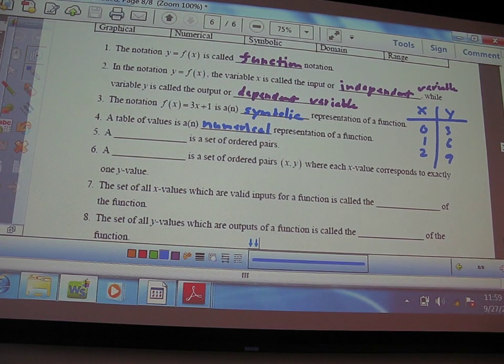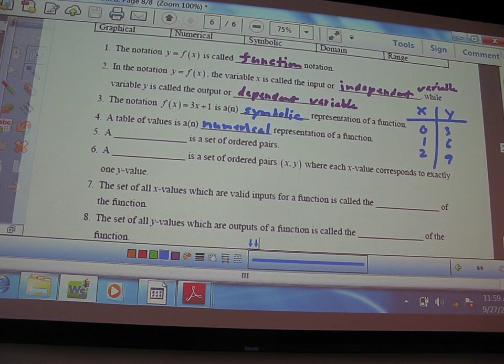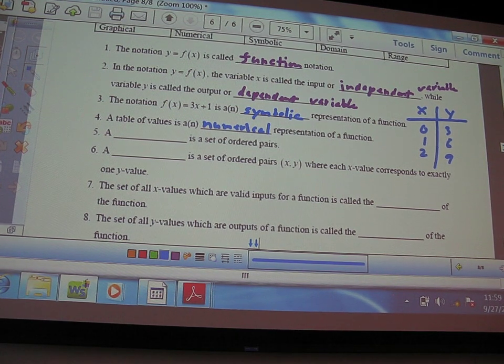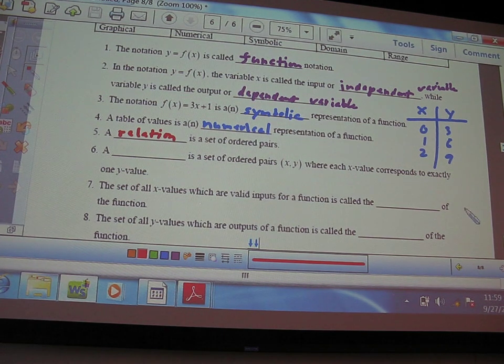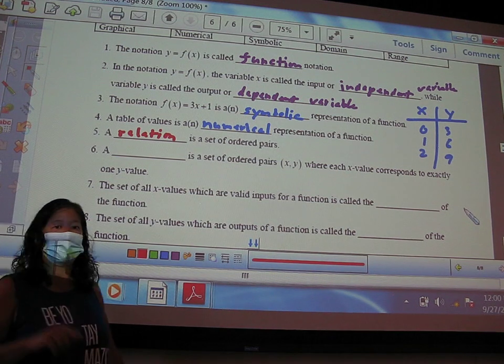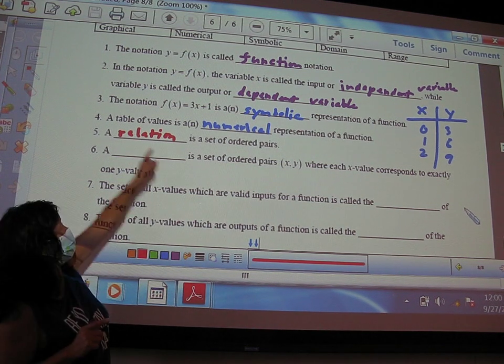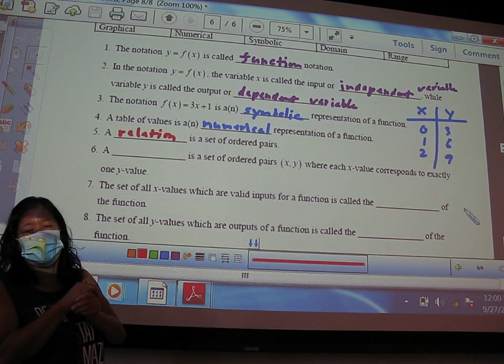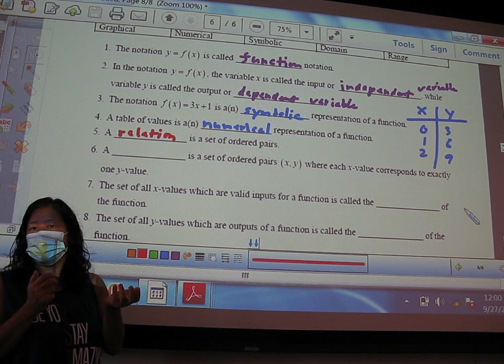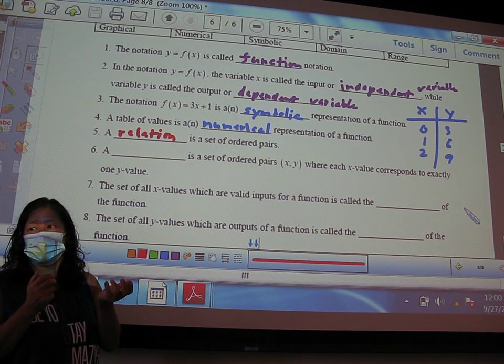A blank is a set of ordered pairs. That's a relation. A blank is a set of ordered pairs where each x value corresponds to only one y value. What's that one? It's similar to this, but with an extra requirement that every x can have only one y. Do you guys remember?